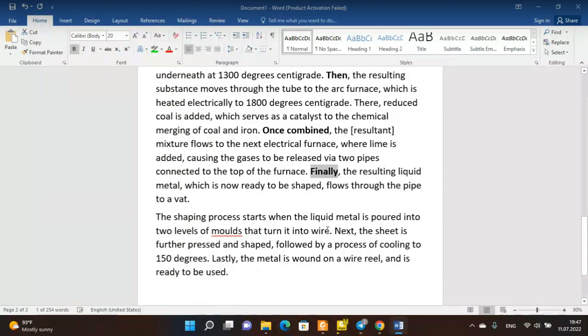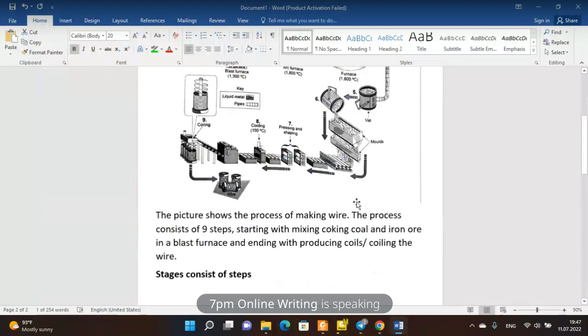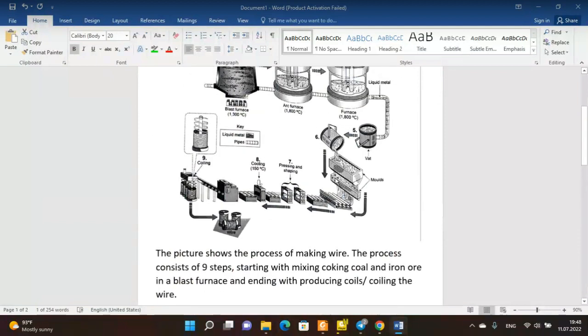that turn it into wire. So we can see that here you have this mold which is turning it into a wire, and then from that it's going to another mold.